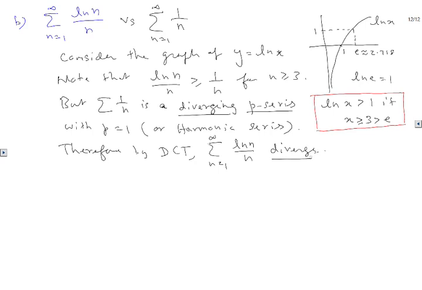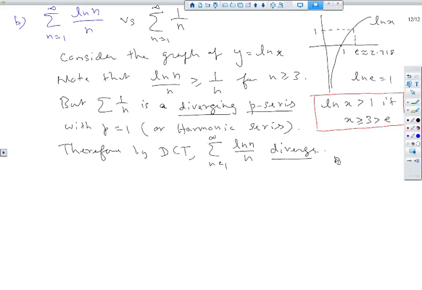It's a simple argument, but you need to understand how ln n looks. It's very easy to prove using the direct comparison test. These are all the pieces that you need to write when you make an argument like that.